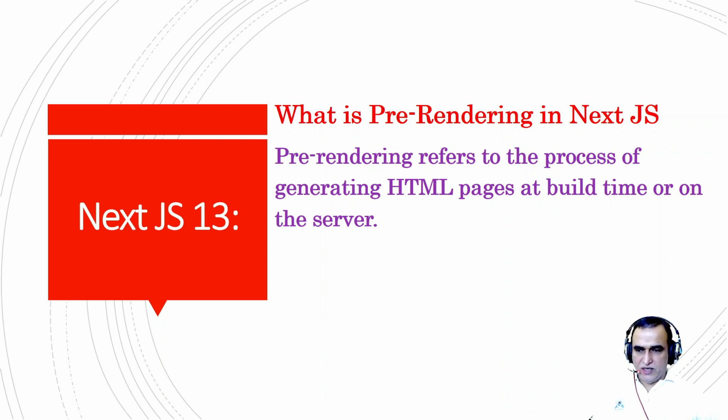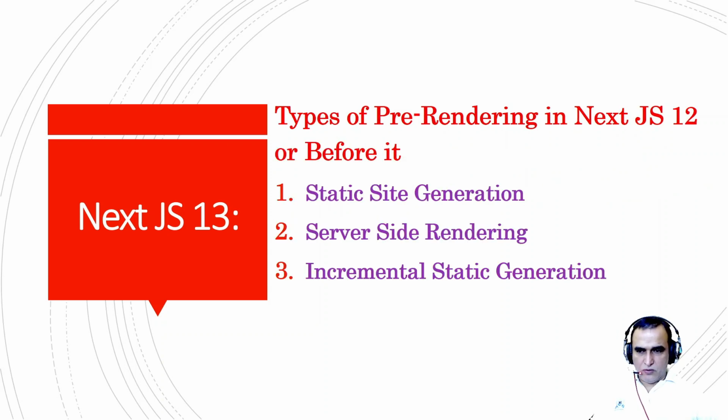Now we understand what pre-rendering is. Now let's go to the types of pre-rendering in Next.js 12 and before. First is static site generation, the build-time HTML generation process. Then server side rendering, which generates the HTML page on the server on each and every request of a client or user.